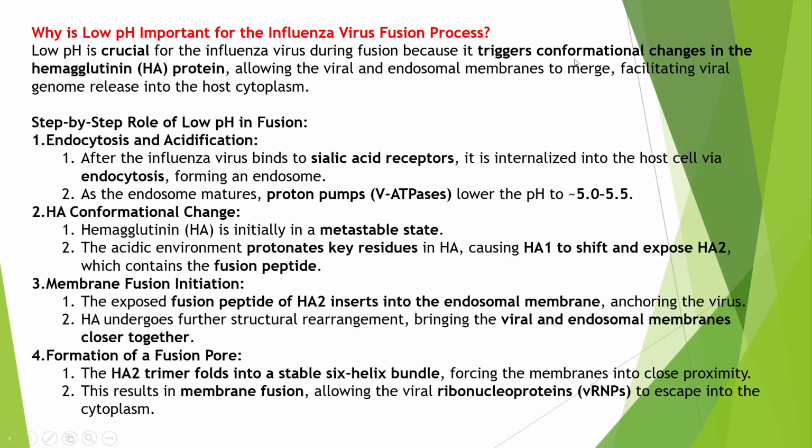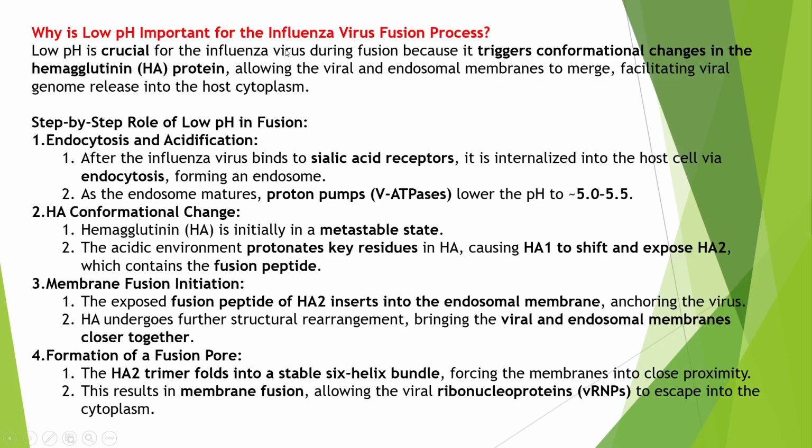So when the HA protein is exposed to low pH, at that time it will undergo a conformational change, that is a change in the way it is packed or folded, to expose the fusion part of it.